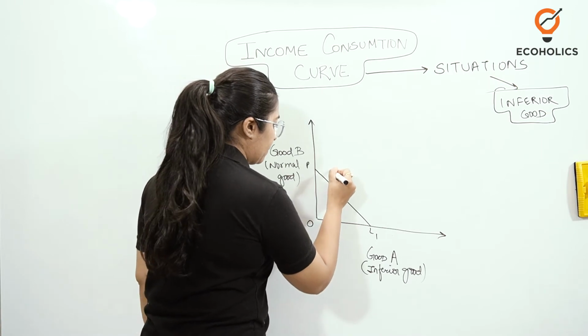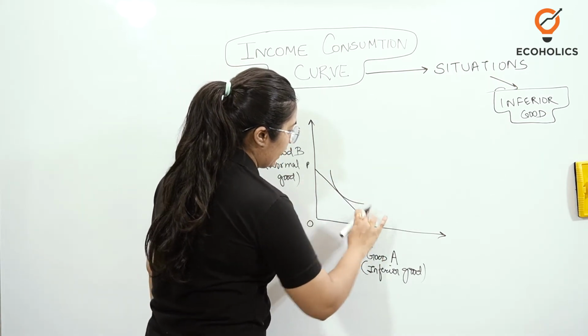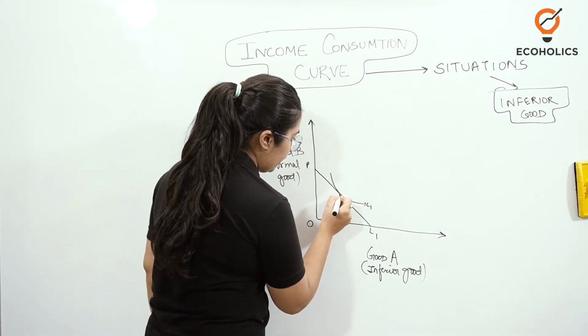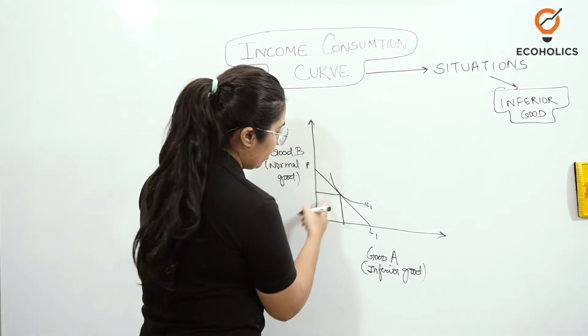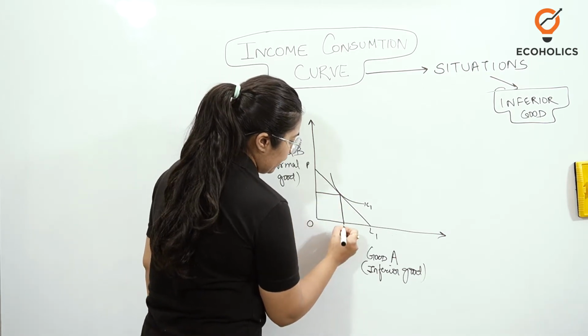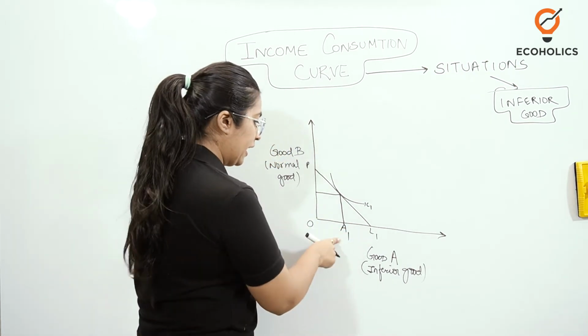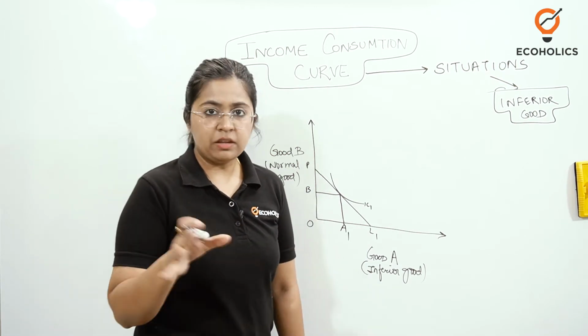So let's say this is a point, and let's assume that this is IC1. Okay, now on this point you have OA1 quantity of commodity A, while OB1 quantity of commodity B you are purchasing.